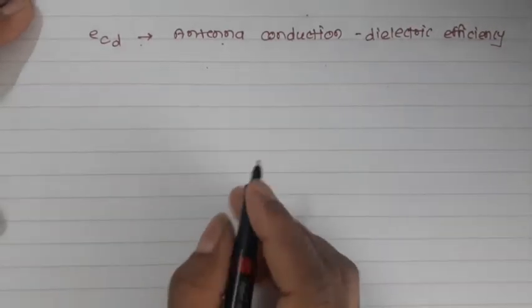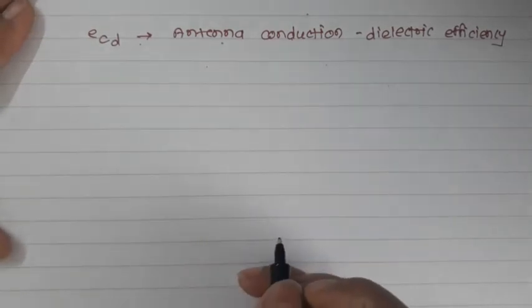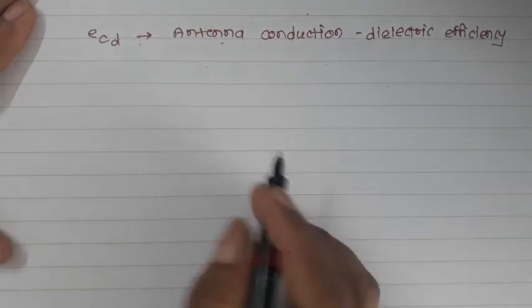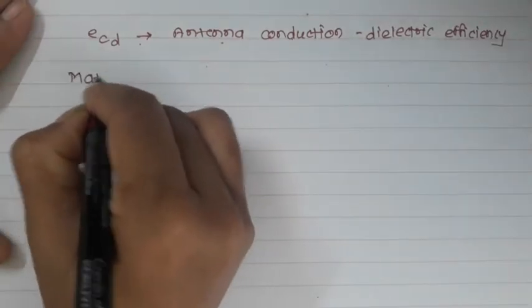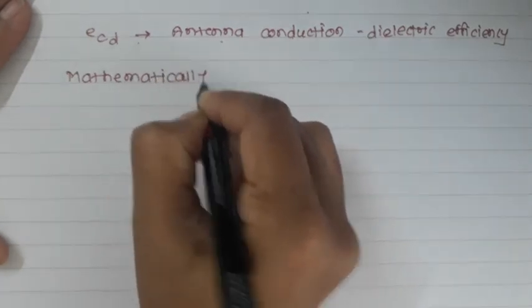This is defined as the power delivered to the radiation resistance RR to the power delivered to RR and RL. So mathematically, if I am interested in calculating this particular K or ECD, I can represent it in this way.